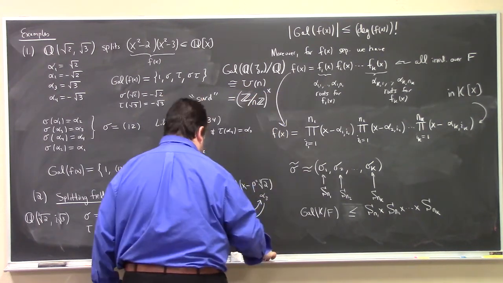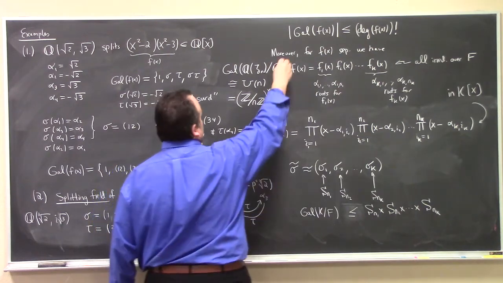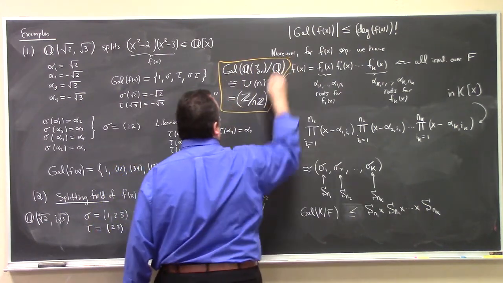That's their notation for the group of units in Z mod nZ.